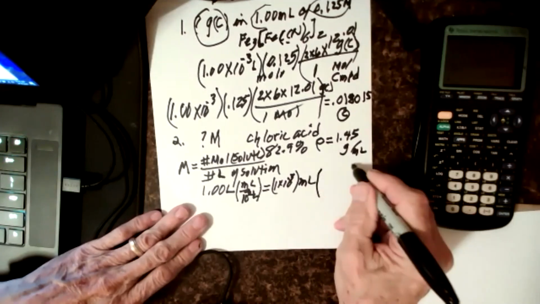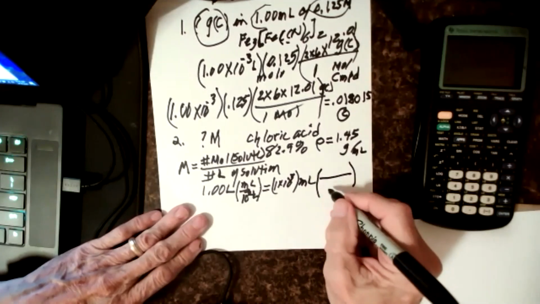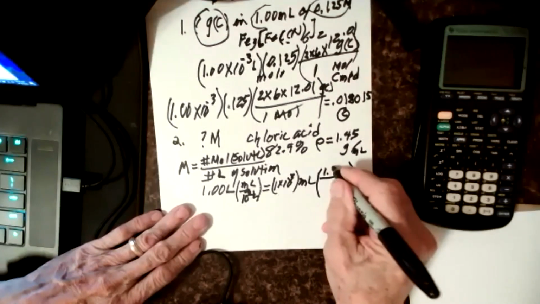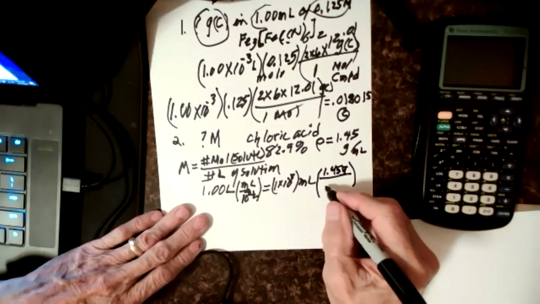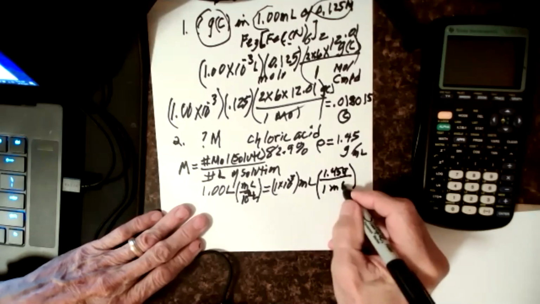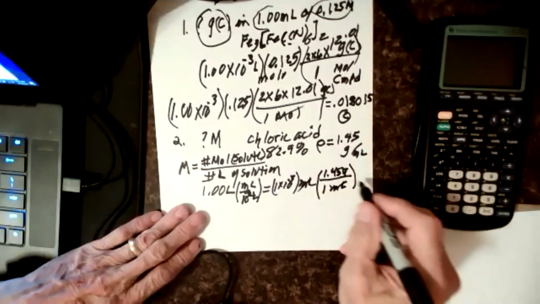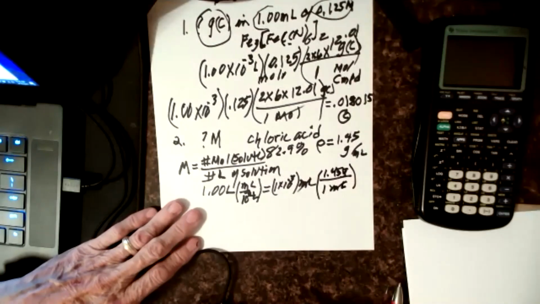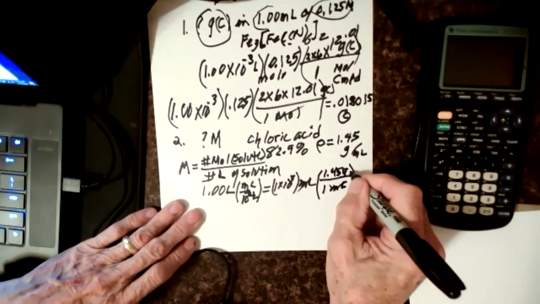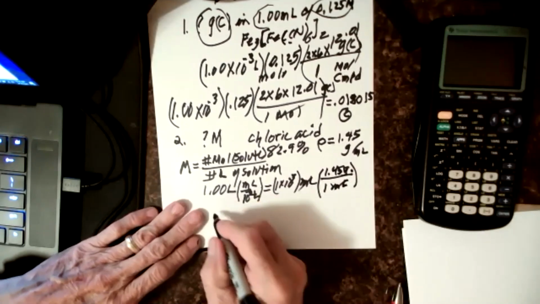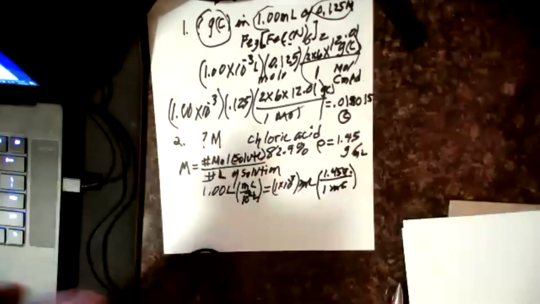Now, the density tells me I can convert that to the grams of the sample. Okay, so let's do that. I know that there's 1.45 grams of that solution in 1 milliliter. So when I do this math, I'm going to come out with the grams of the solution. I'll just go ahead and do that intermediate calculation.